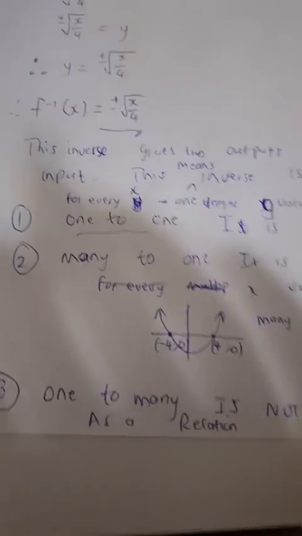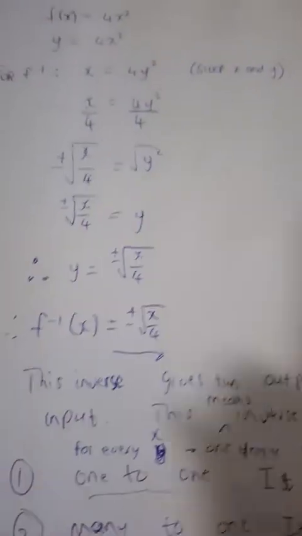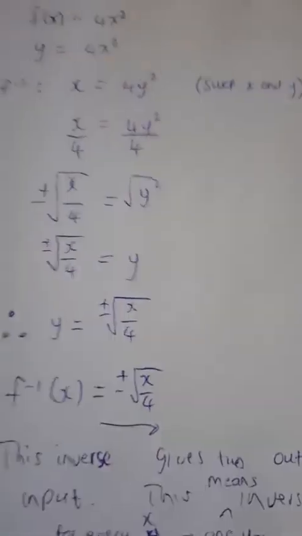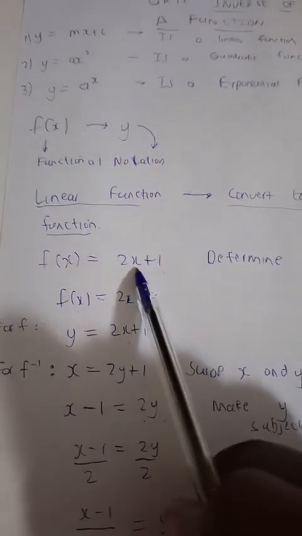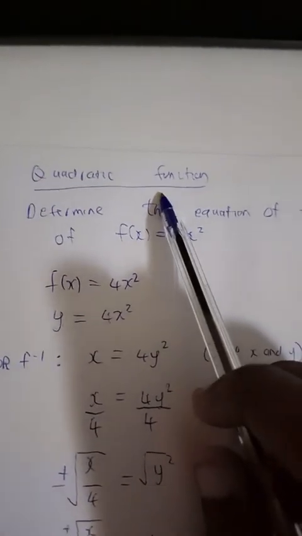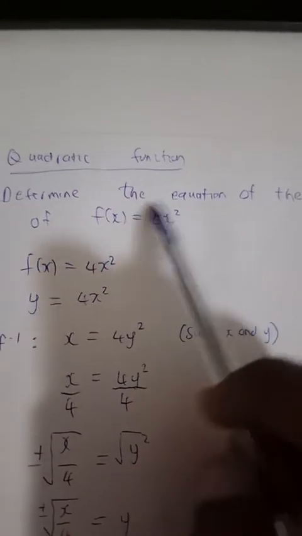But for now, what are we obsessed with? We are obsessed with determining the equation of the inverse of a function. So we've just done how to determine the inverse of a function for 2x plus 1, which is a linear function. And then we moved on to determining the inverse of a function which is a quadratic function.